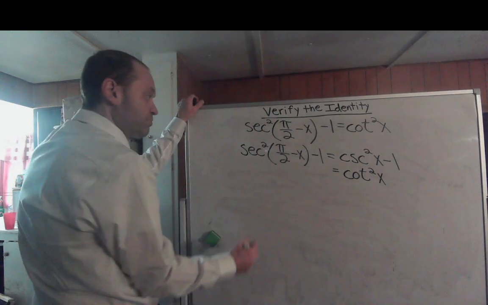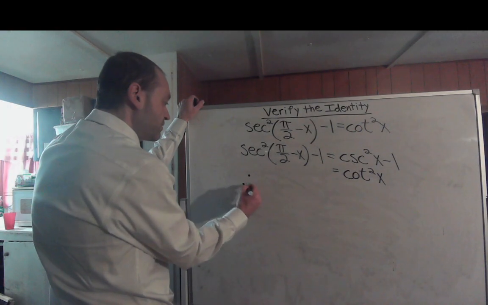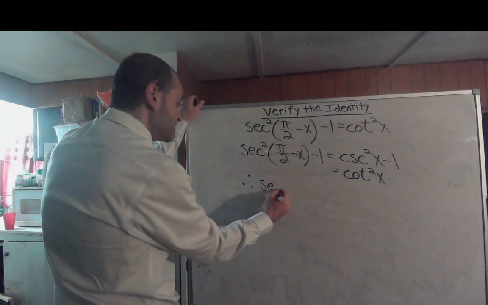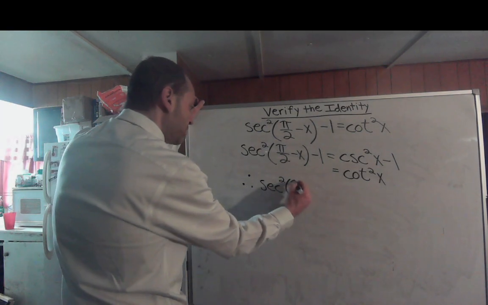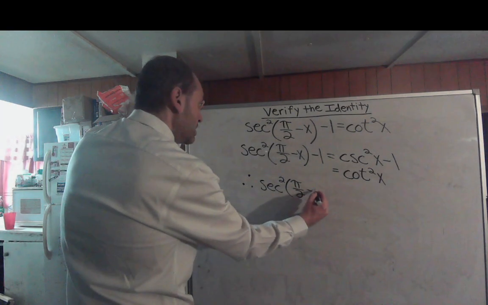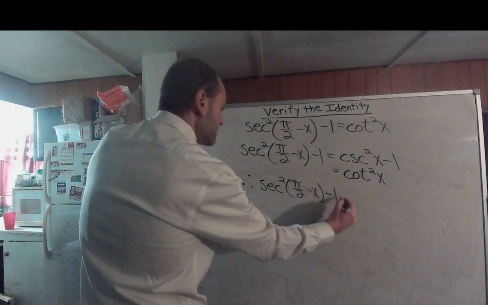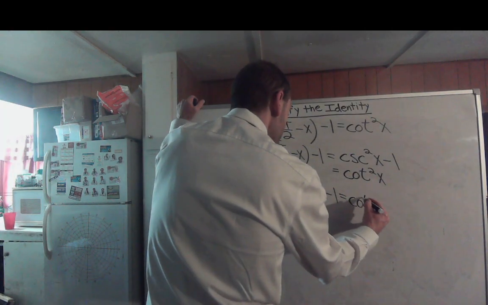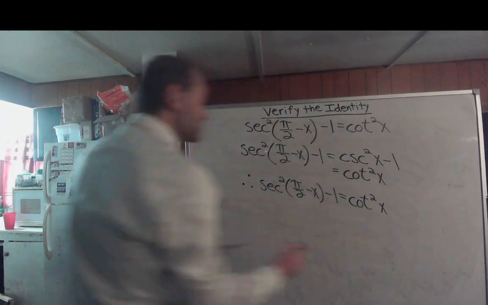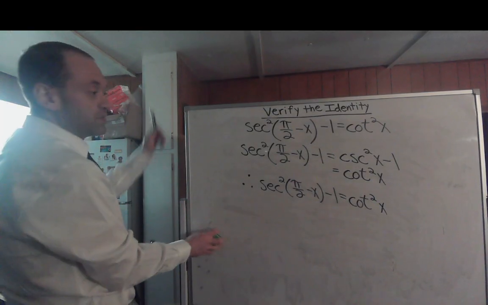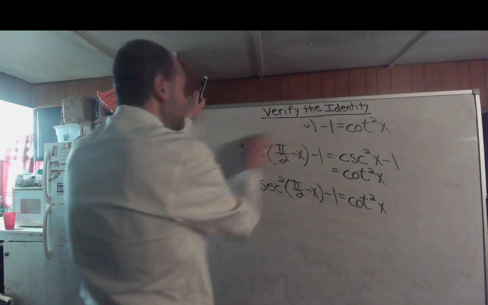So we just proved that identity, so therefore the secant squared of pi over 2 minus x minus 1 equals the cotangent squared of x. All right, for the last phase of the lesson, let's get into some true polynomial types.